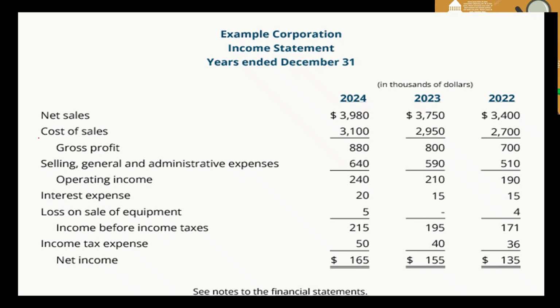If you see here, the expense figure is the cost of sales, which is visible over here. So cost of sales is basically the cost of selling the products, which is very necessary to bringing the products.